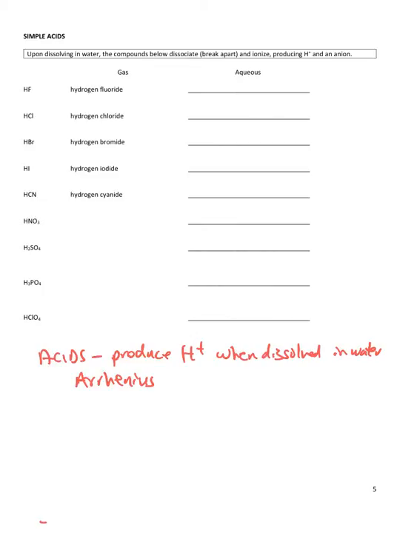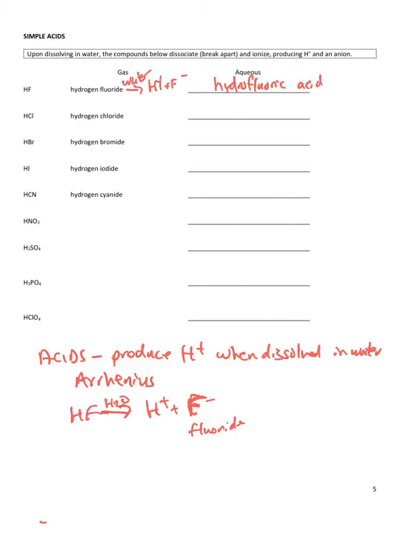In water, that HF breaks apart to make H+ and F-, so the hydrogen ion, cation, and the fluoride ion. And so we're going to call that hydrofluoric acid. So that's how we're going to name it.